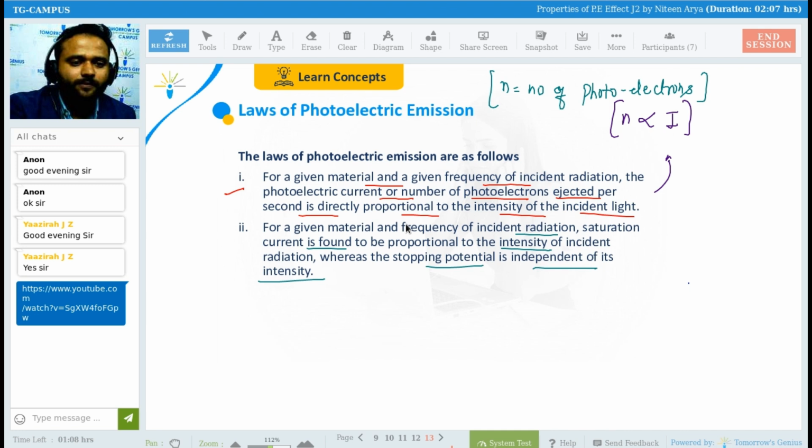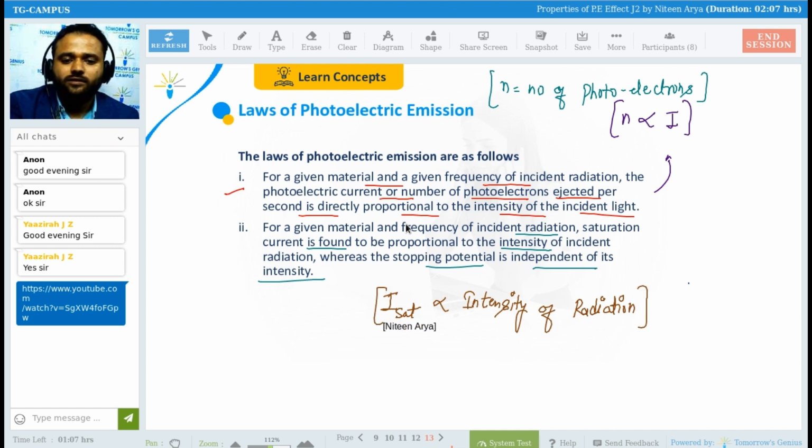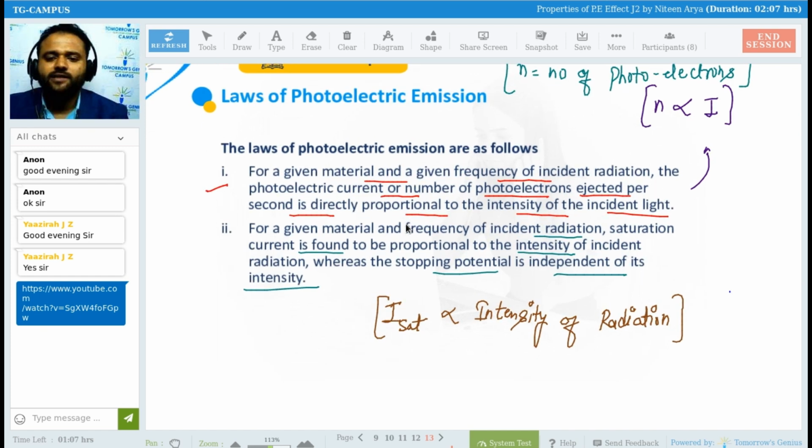It means that as saturation current is directly proportional to the intensity of radiation of light, in writing, I saturation is proportional to the intensity of radiation.